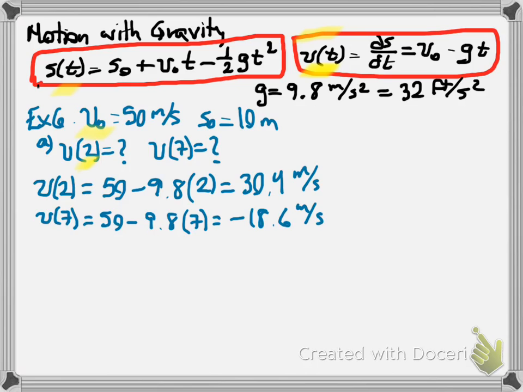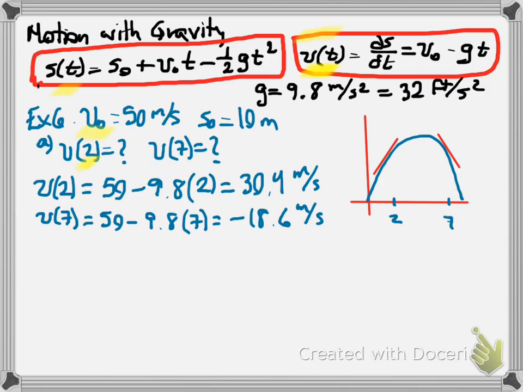If you remember the graph that we saw, this is something like this. Then the stone is going up and down, and this is at t equals 2 and this is at t equals 7. It's going down. This is positive and this one negative.